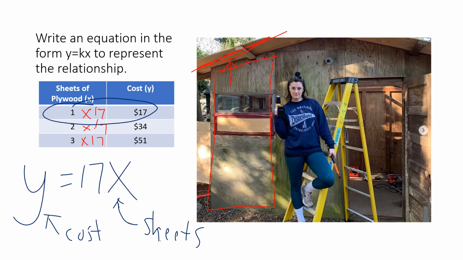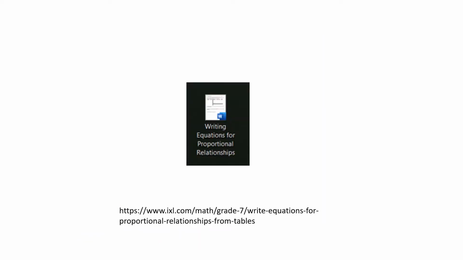Okay, so finally, to practice, I have one assignment that you can do called writing equations for proportional relationships. And this kind of walks you through what you need to figure out to be able to write the equation. And just a reminder, if you are doing these assignments, I don't expect you to be able to print them and do them on a perfect little worksheet.